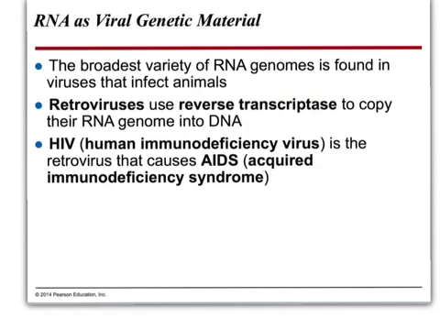Okay? So RNA as viral genetic material has the broadest variety of RNA genomes. We have retroviruses, which are specific, and they use a specific protein called a reverse transcriptase. All right? Which is coded for in their genome. It's not part of our genomes, right? We don't produce a reverse transcriptase protein in our cells.